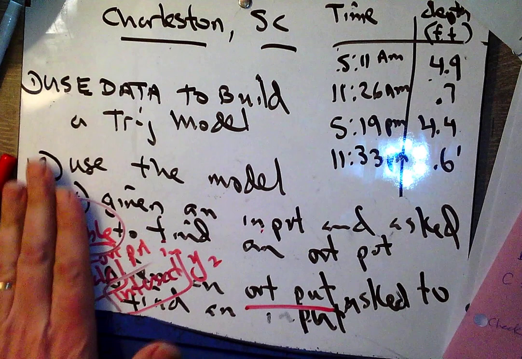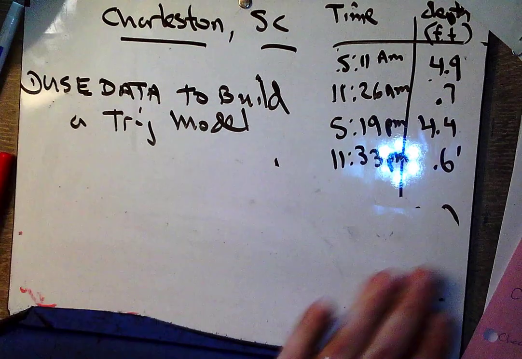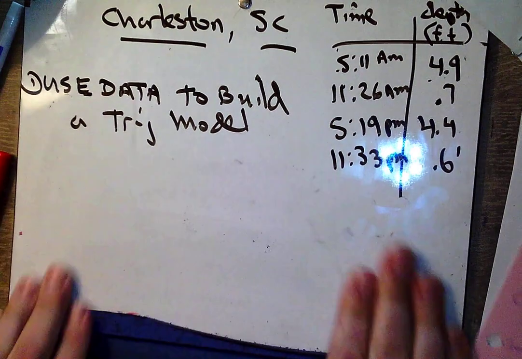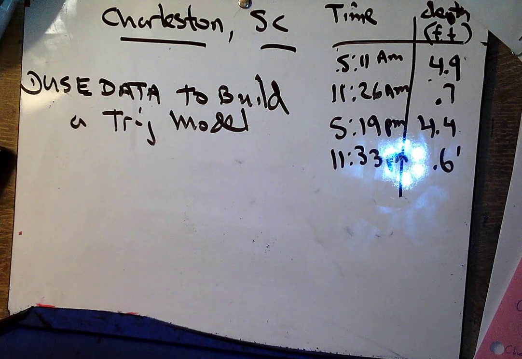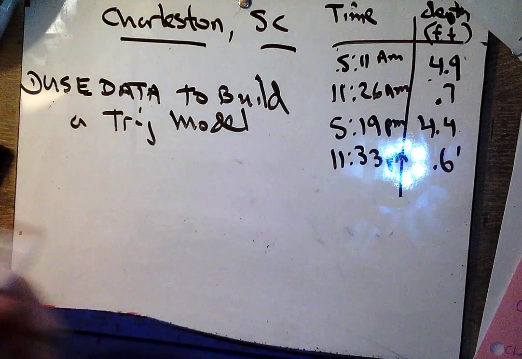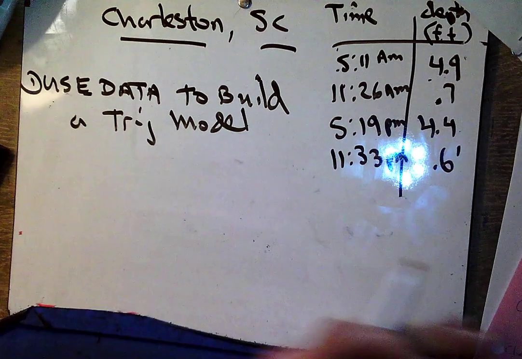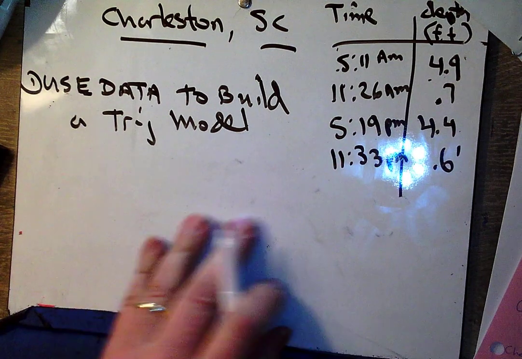All right, but first, before we get to any of that application stuff, we've got to actually build the model. And there are some challenges here, especially at the beginning, when we're doing our first problem. It's sort of like, whoa, how do I build this weird model?